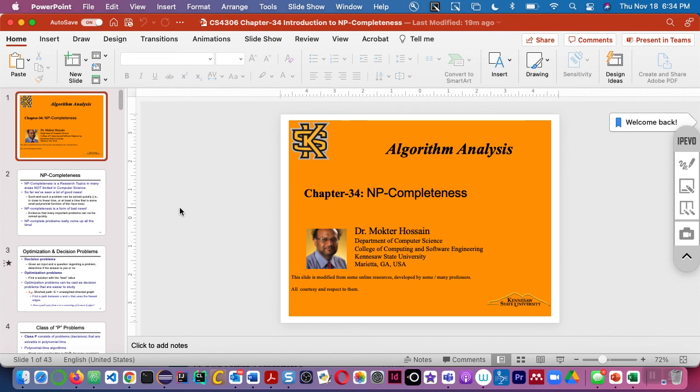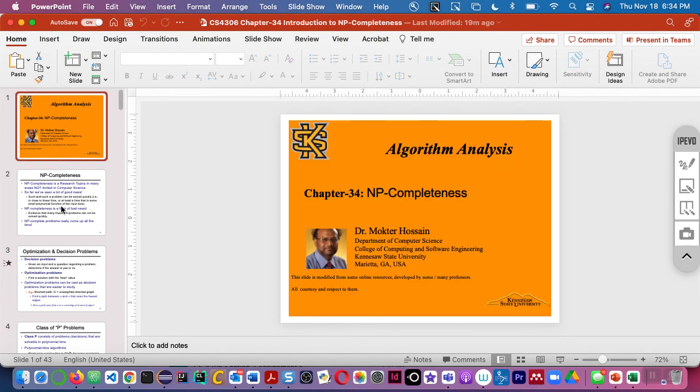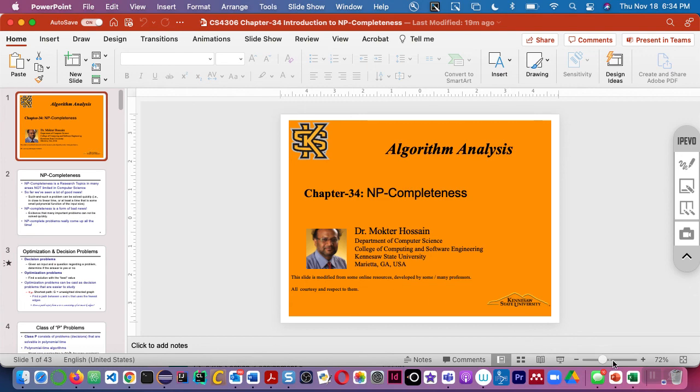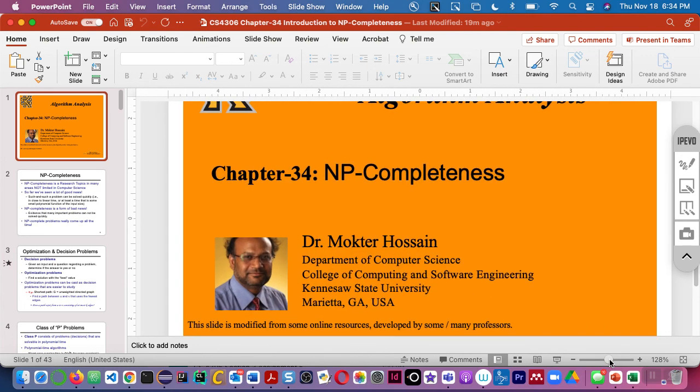If you can contribute something in this field, it will be helpful for a lot of people. Not only in computer science, maybe the whole human community may benefit from this research.